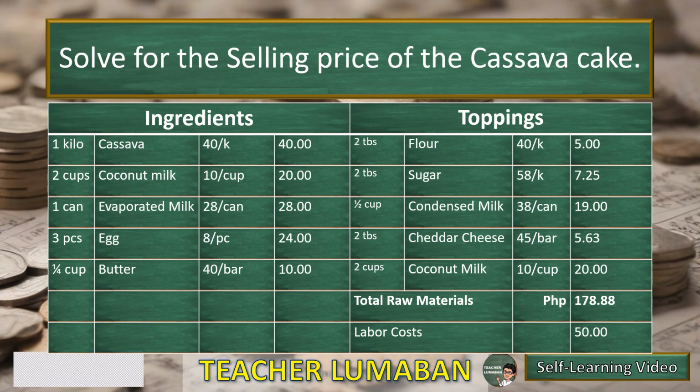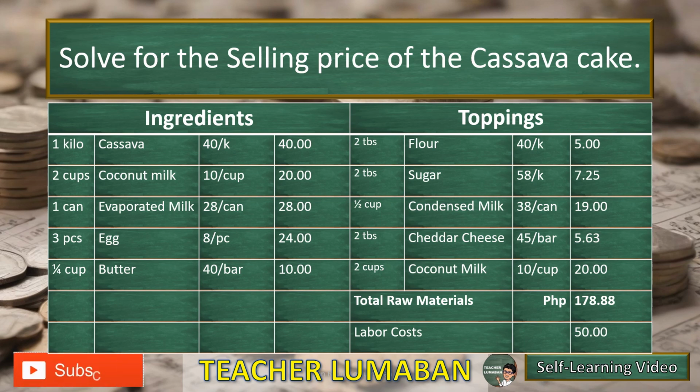Topping: 2 tablespoons flour is 40 per kilo, 5 pesos. 2 tablespoons sugar is 58 per kilo, 7.25 pesos. 1/2 cup condensed milk is 38 per can, 19 pesos. 2 tablespoons cheddar cheese is 45 per bar, 5.63 pesos. 2 cups coconut milk is 10 per cup, 20 pesos.